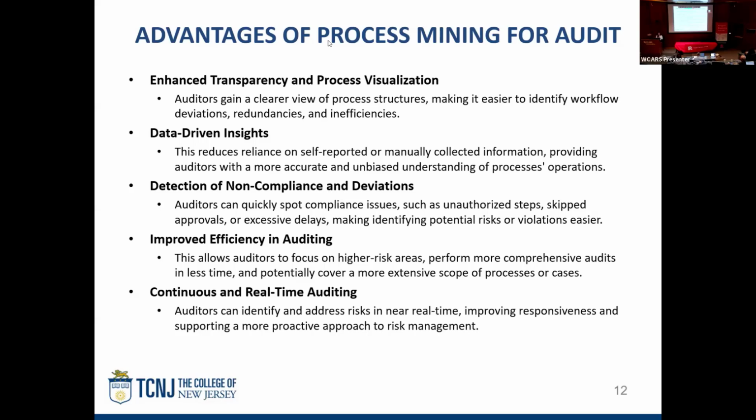Also, we can improve efficiency in auditing because we use software: we feed in the data and then it gives you the results, so it's easier for auditors to detect possible risky areas. Lastly, we can do real-time auditing because we can collect this data in real time, so we can check business processes we have to consider in real time.